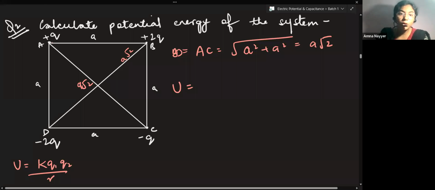Now let us talk about point A and point B. K, charge is Q, other charge is 2Q, separation between A and B is a. So first energy has been considered, plus the other charges 2Q and minus Q. Now you have to consider the minus, so KQ means this minus Q has been considered.